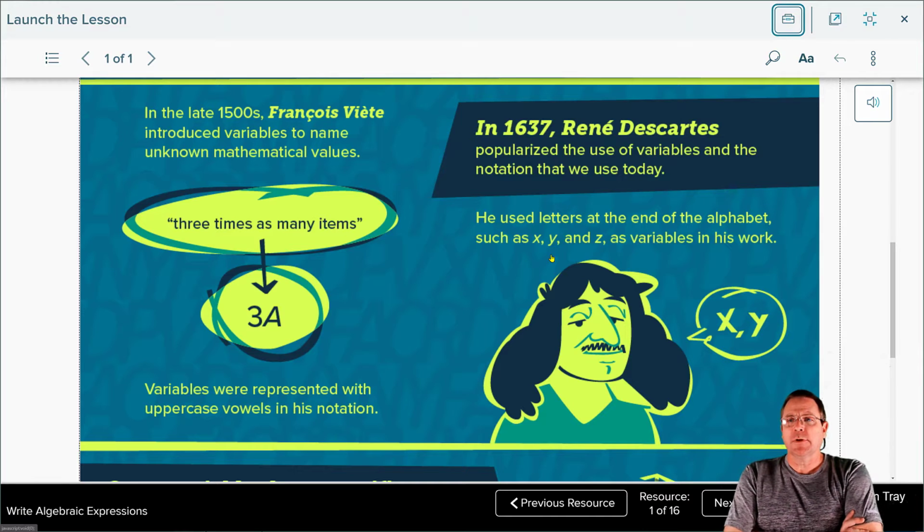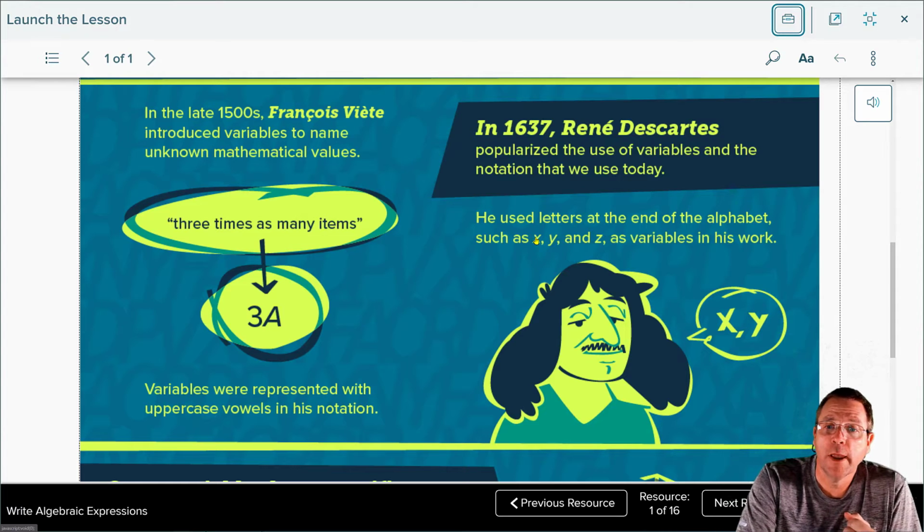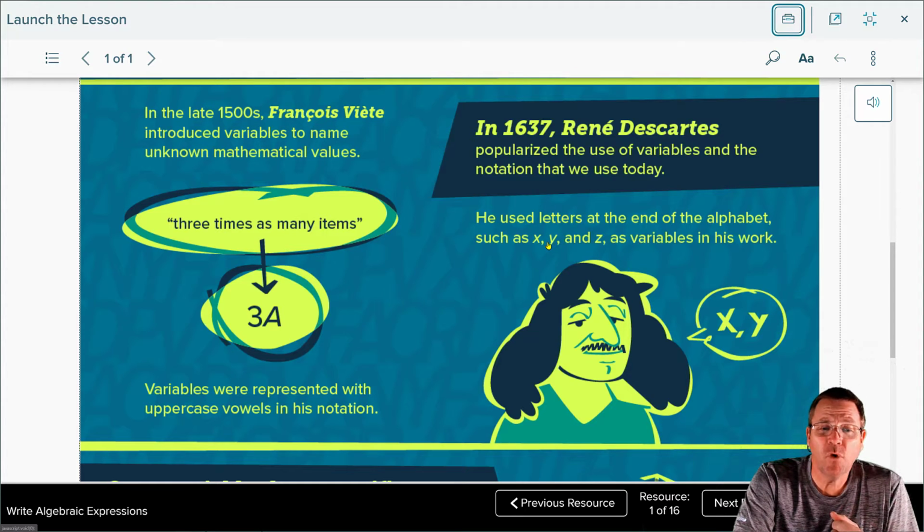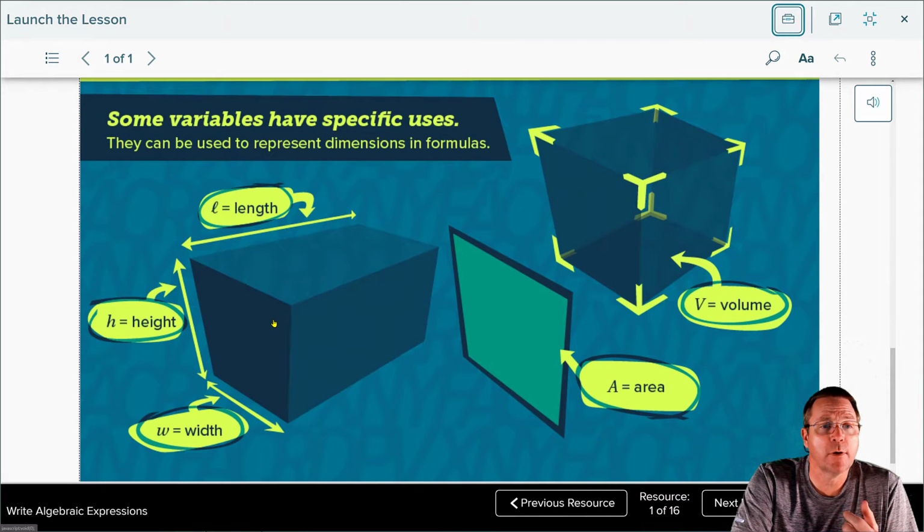In 1637, René Descartes popularized the use of variables and the notation that we also use today. He used letters at the end of the alphabet, such as X, Y, and Z, to represent the variables in his work, and those are a whole lot more common today than a capital A is for variables.